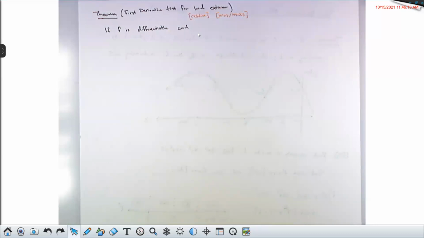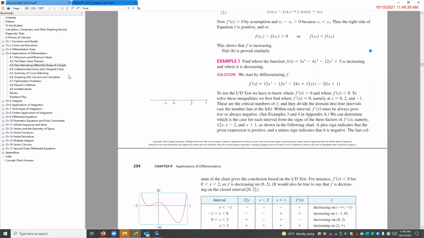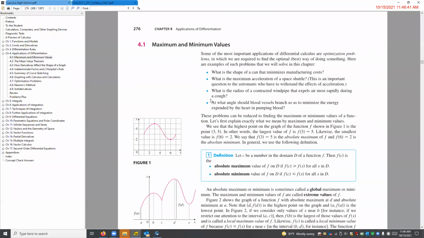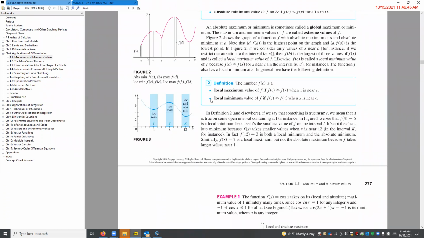When x approaches c, the left side and the right side are less than f of c, so they have an absolute maximum.